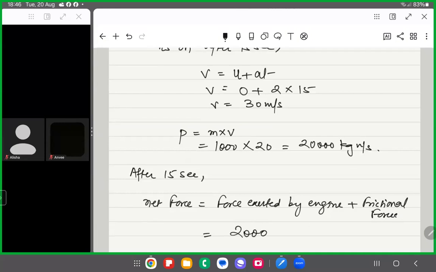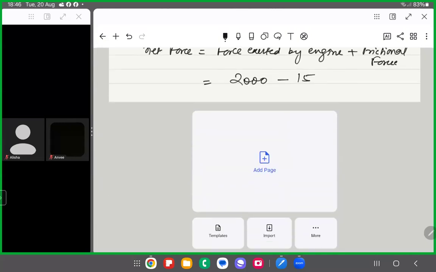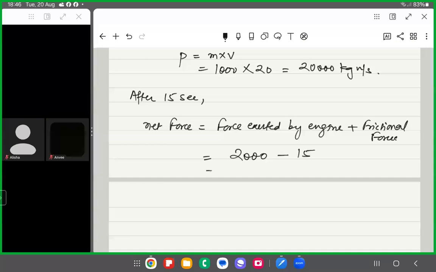But the frictional force is in the opposite direction. So we will take it as negative, minus 15, right? So what is the net force acting on the car? That is 1985 Newton. Okay. Right? So why are we subtracting the frictional force? Because it opposes the motion.